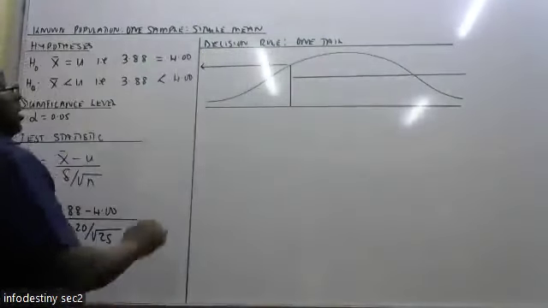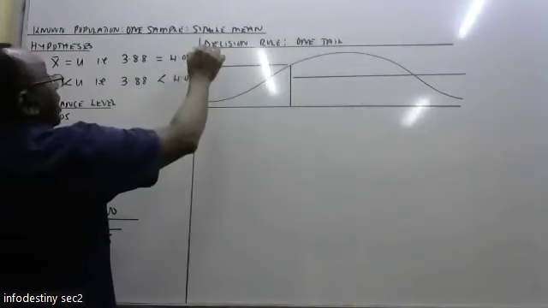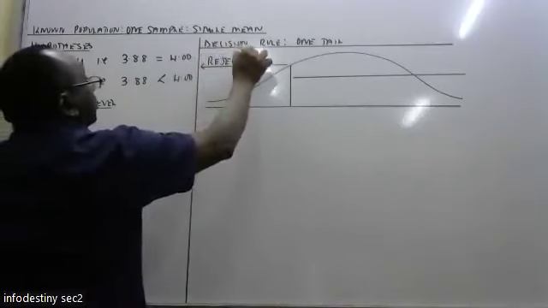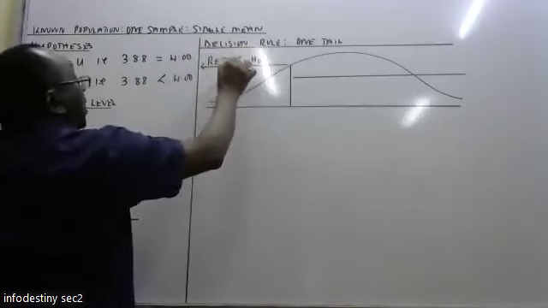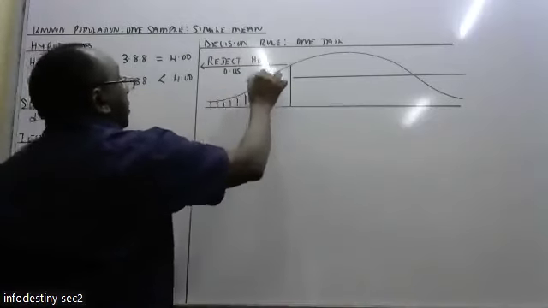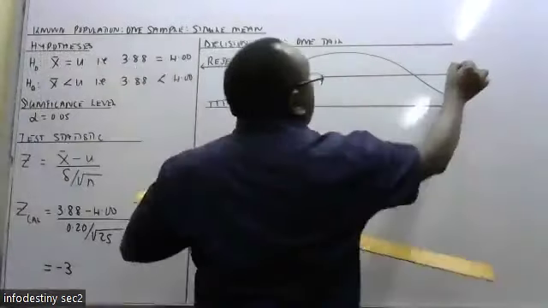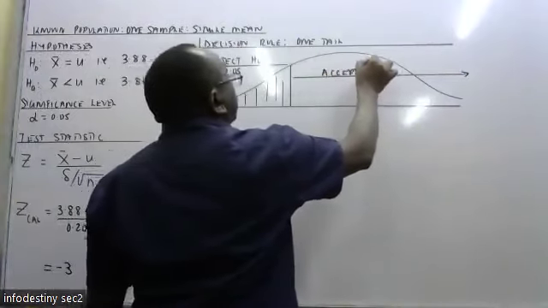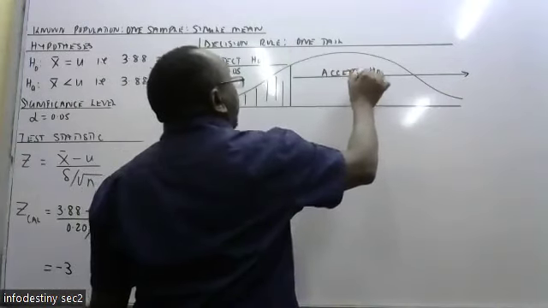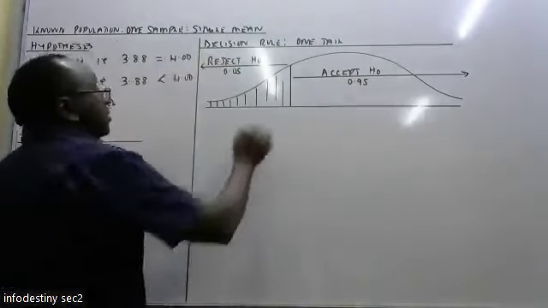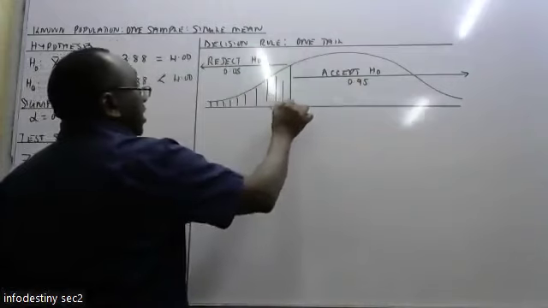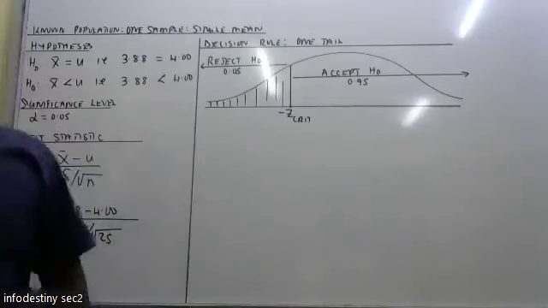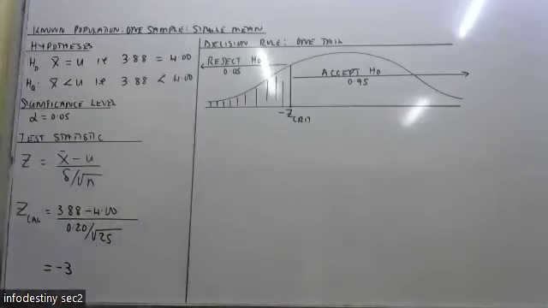So here we have reject null at 0.05. This is accept null at 0.95. And this is minus Z critical.